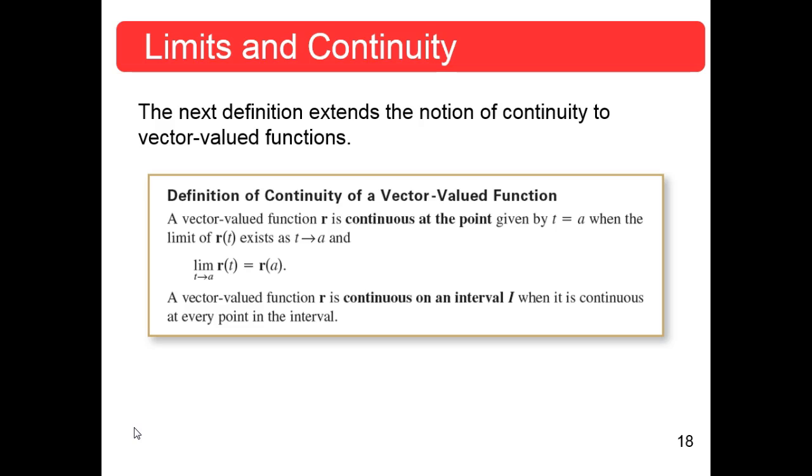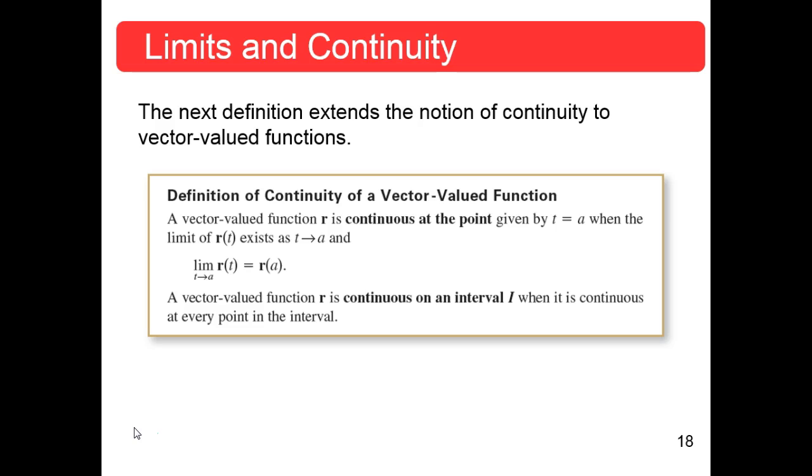Thought we were just doing that. Okay? A vector valued function r is continuous at a point given by t equal a when the limit of r of t exists as t approaches a. So number one, the limit of r of t must exist. Before we said it didn't have to, now we say it does. So the limit as t approaches a of r of t would be r of a.